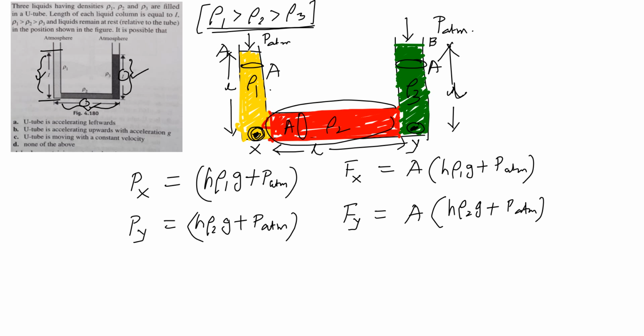Your answer is very simple, because we know that Fx is greater than Fy. Why is it greater than Fy? Because now see, here it is A into H into rho 1 into G plus PATM. Here it is A into H into rho 2 into G plus PATM. So if you strike it out, then you will see that rho 1 is greater than rho 3. That means the force is acting in the rightward direction.